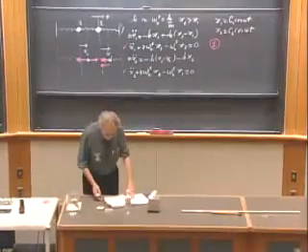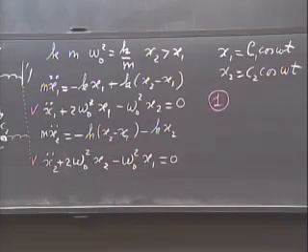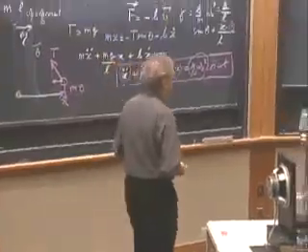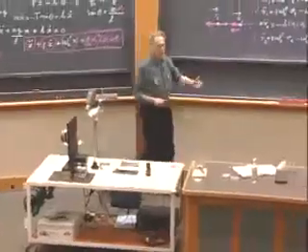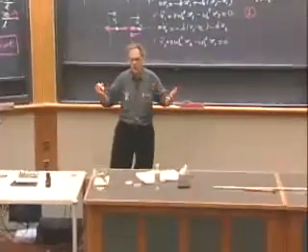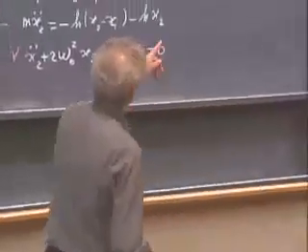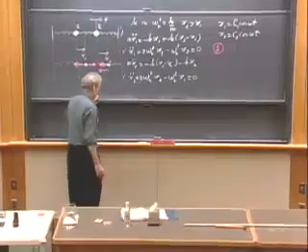I want to find omega. I'm not driving the system. Since I have no damping, in the normal mode solutions, either the two objects are in phase with each other or they're out of phase with each other. But if they're out of phase, we can always take care of that with a minus sign. So I'm now going to substitute that in here.